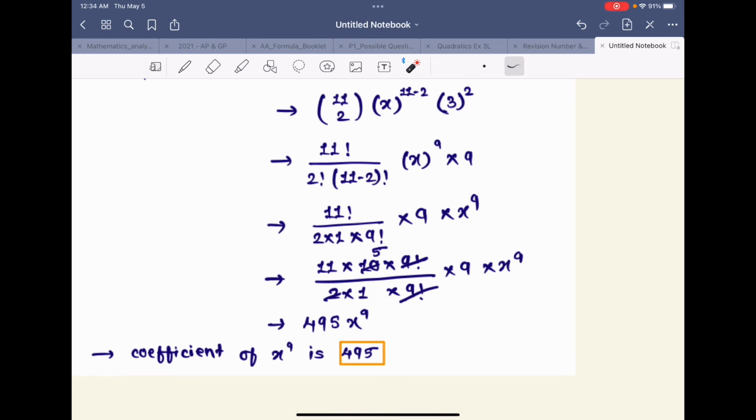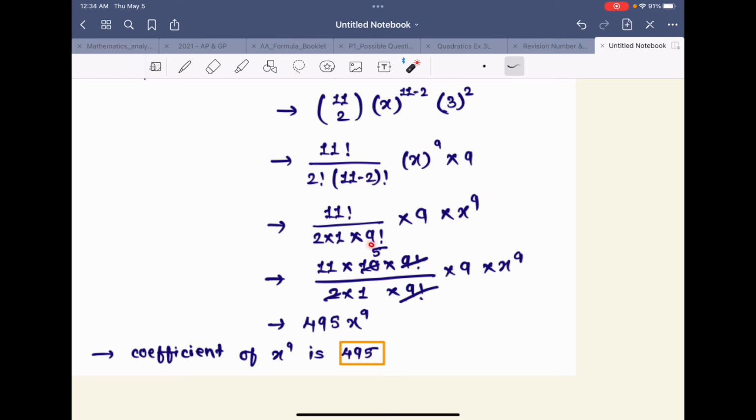Now simplify this. 11 factorial is 11 factorial, 2 factorial is 2 times 1 and 11 minus 2 is basically 9 factorial. You can see the biggest factorial is 11 factorial and the nearest factorial is 9 factorial. So you don't need to write down 11 up to 1. You just write down 11 times 10 times 9 factorial, because I know that 9 factorial is 9 times 8 times 7 up to 1.